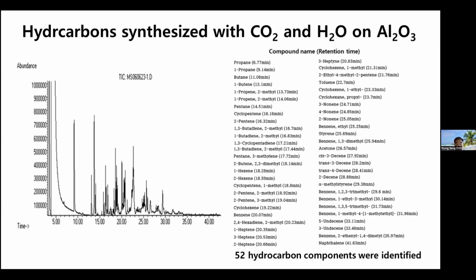The peaks represent the hydrocarbon components. At least 52 hydrocarbon components were identified. Among them, 35 aliphatic compounds were found, and 7 cycloaliphatic compounds and 10 aromatic compounds were also found.